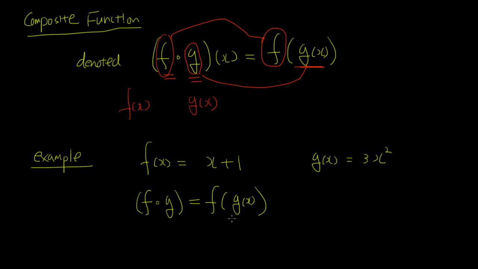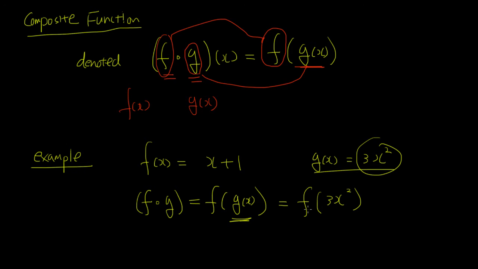But what's g of x? G of x is this. So you can rewrite this as f of, instead of writing g of x, I'm going to write 3x to the square, like that.